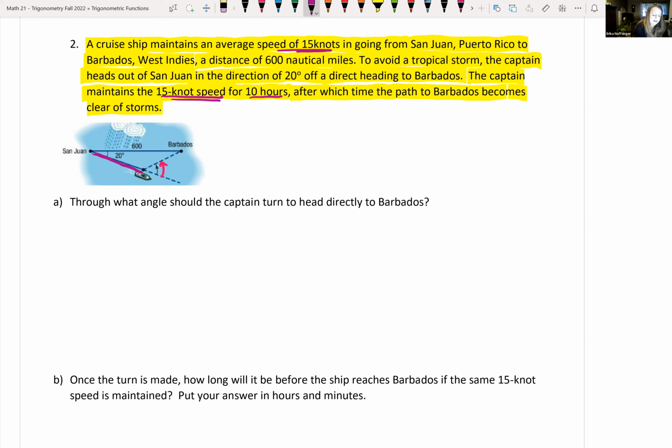We know that distance is equal to rate times time. And so the distance here is equal to the rate of the boat, which is 15 knots, times the time, which was 10 hours. So the distance here is 150. And in here, they're nautical miles.